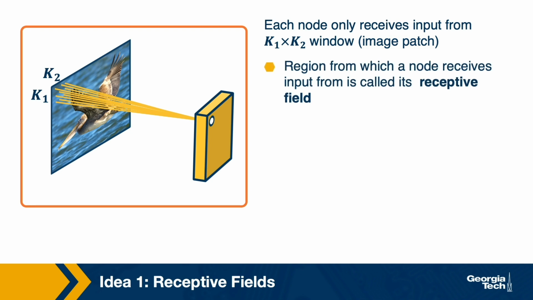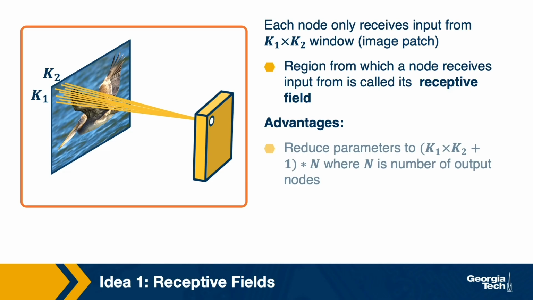For example, it'll receive input from a K1 by K2 window on the upper left. And so this node will output the existence of a particular type of feature in that little window, for example, an edge. The advantage to this is that the number of parameters will be reduced to (K1 times K2 plus 1 for a bias element) times n, where n is the number of output nodes.